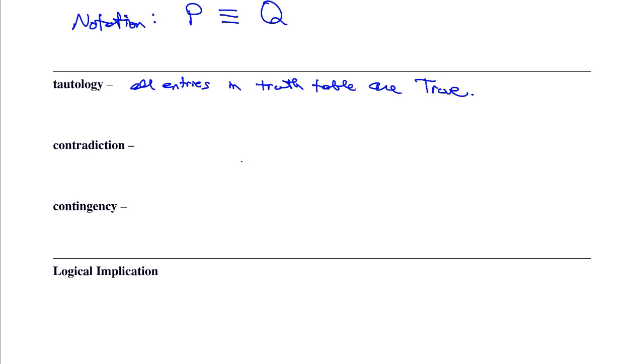So tautology means we would end up with a column of just straight down trues. Contradiction would be what? All entries in the truth table are false.